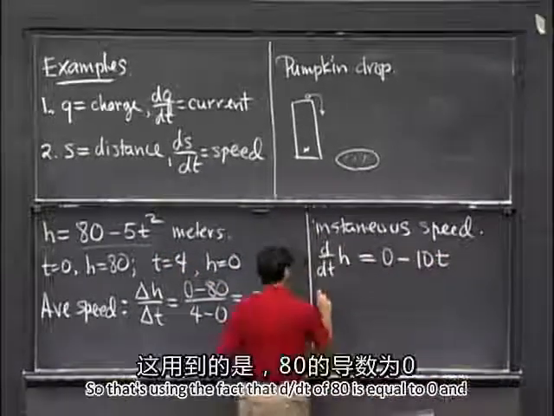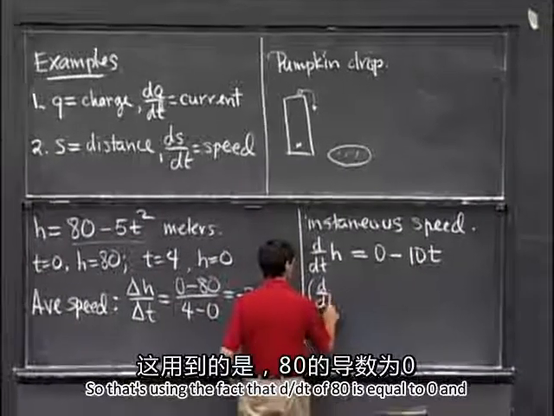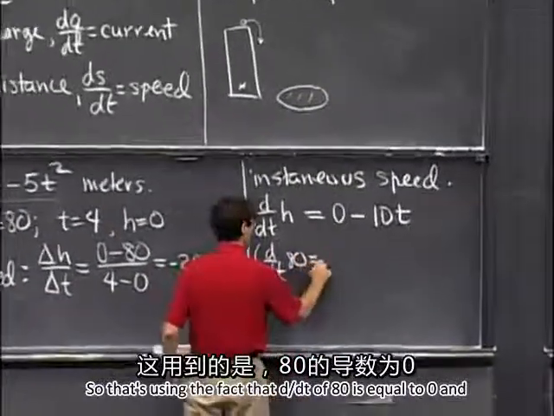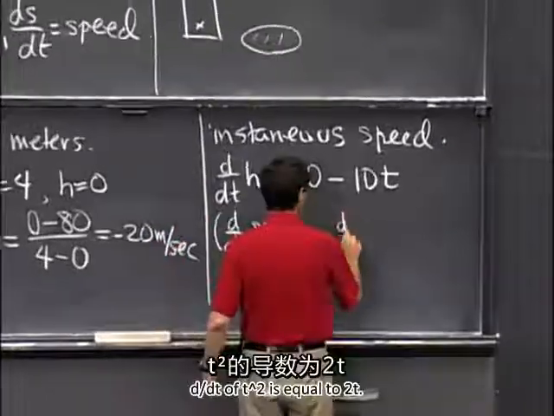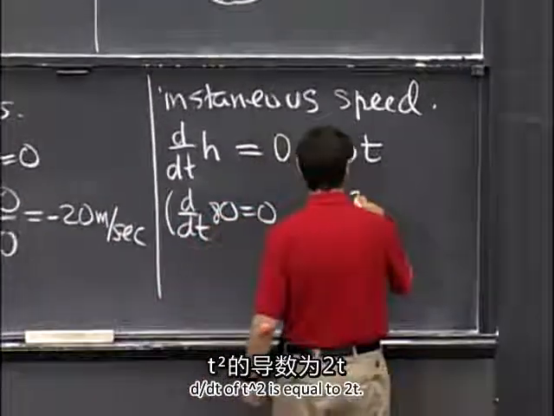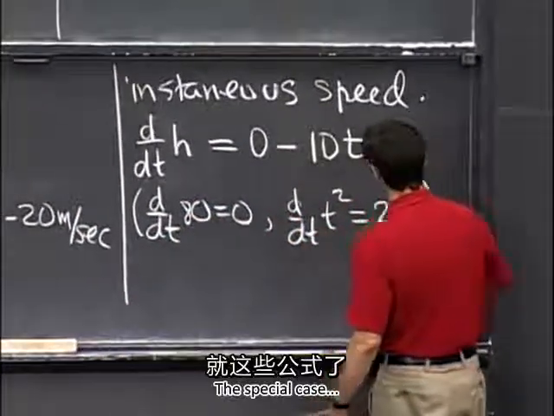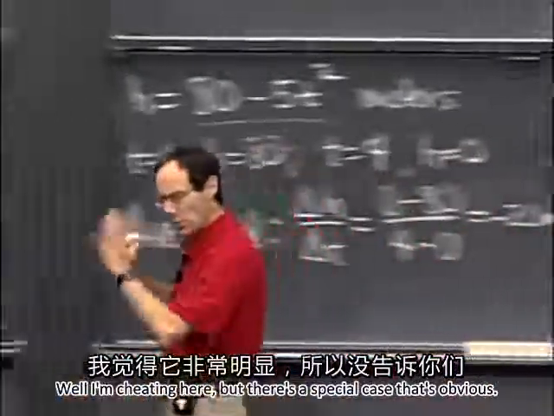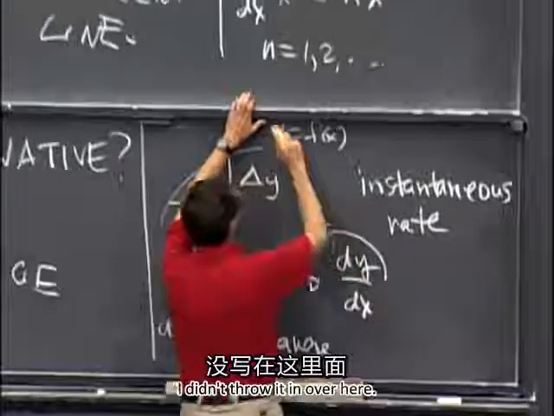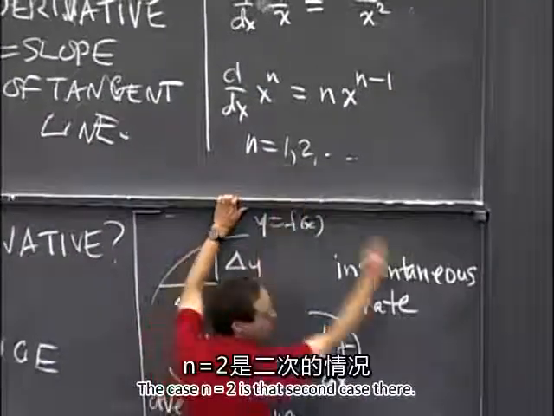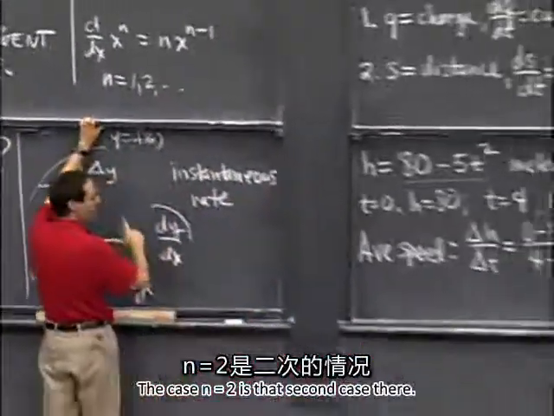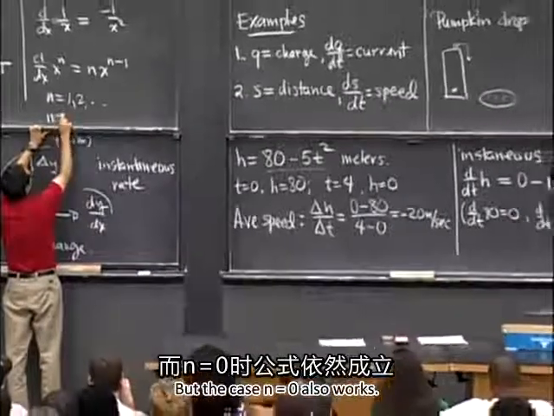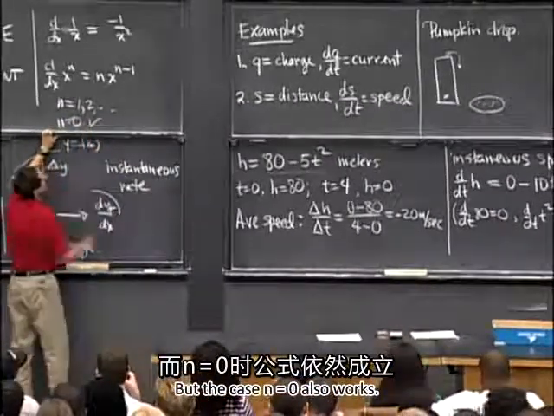So that's using the fact that d by dt of 80 is equal to 0, and d by dt of t squared is equal to 2t. I'm cheating here, but there's a special case that's obvious. I didn't throw it in over here. The case n equals 2 is that second case there, but the case n equals 0 also works.